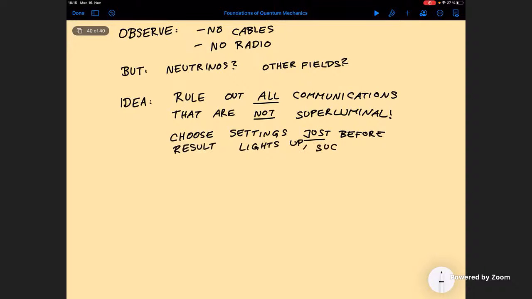So you want to make sure that the time interval is so short that even a light signal could not reach the other station.